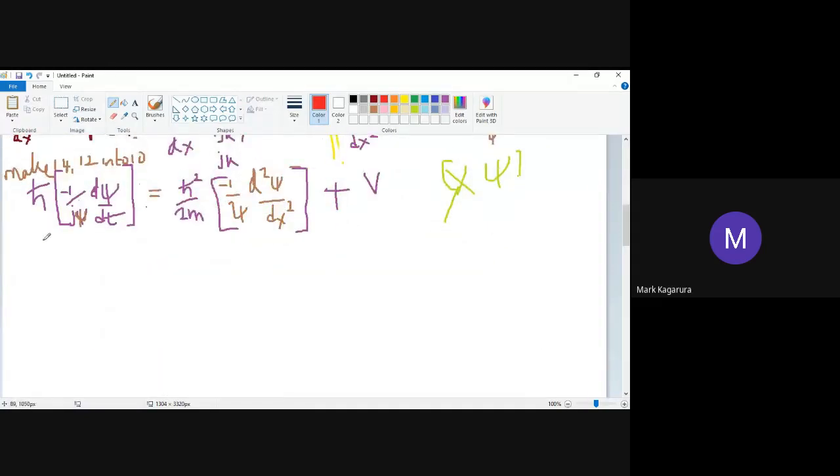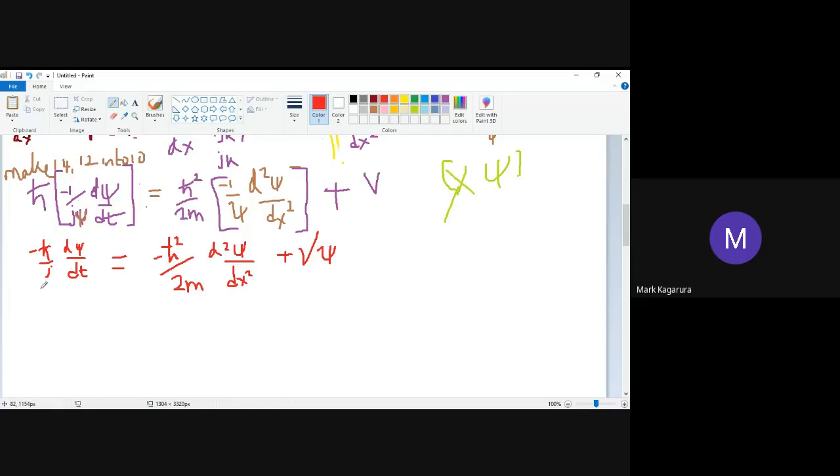So this becomes negative h bar, or h over j, d psi dt, is equal to negative h bar squared over 2m d2 phi dx squared plus v psi. So that is our Schrodinger equation now.